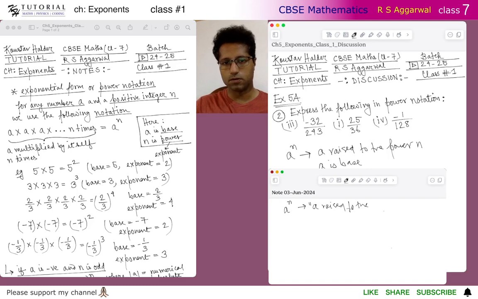It is also written in the note on the left hand side: exponent is also known as index.